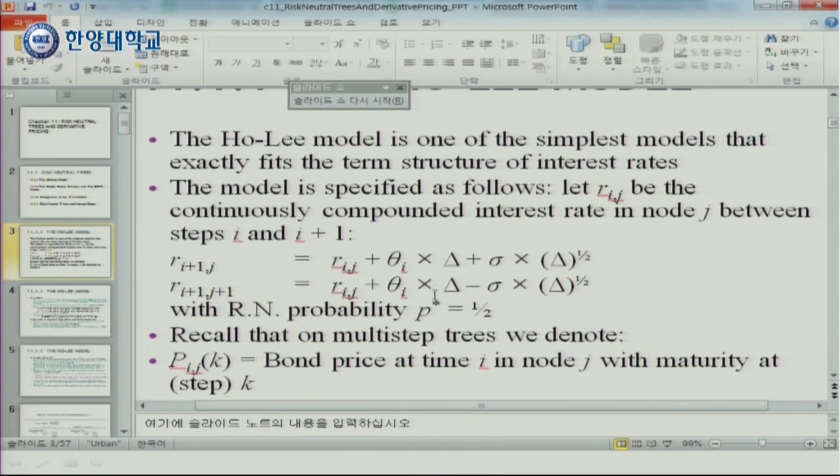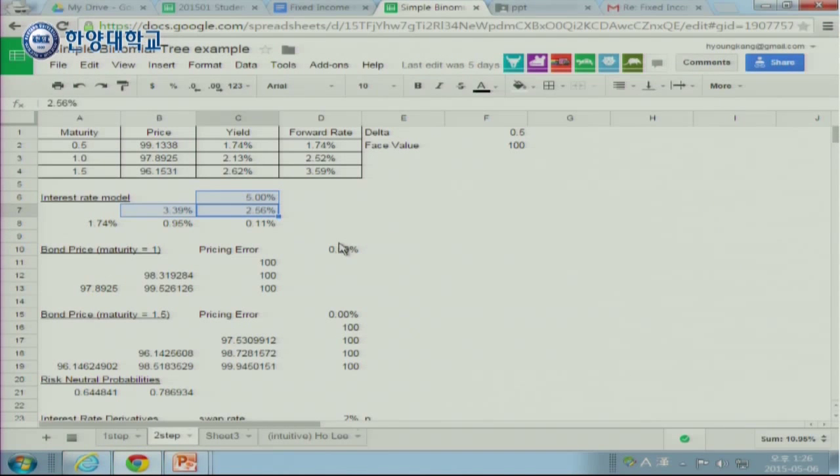But now, instead of fitting the risk neutral probability, we will fit theta. This is different. So we will do optimization with this one. Basically, we will generate interest rates that are consistent with the yield curve. That is our goal.